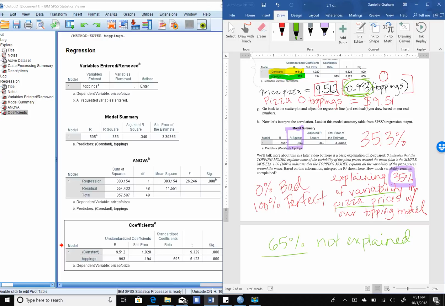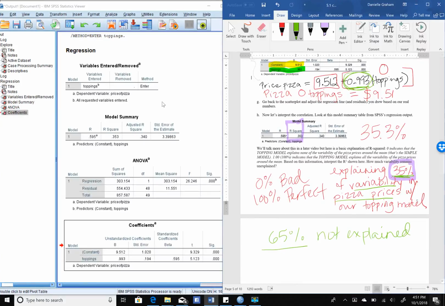Maybe some are Domino's, maybe some are gourmet pizza shops, right? So there's all this other stuff that goes into how a price of a pizza is determined besides just the number of toppings. But our model, where we use the number of toppings, tells us about 35% of it, right? So there's about 65% other stuff, but our model accounts for about 35%.